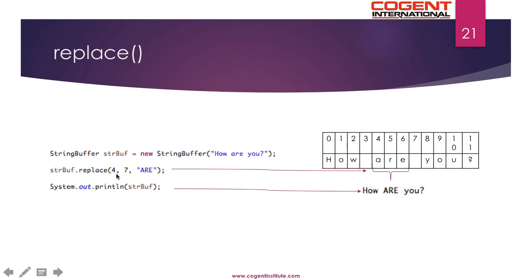So the substring starting at index 4 till endIndex minus 1, which is 6, so "are" is replaced with "ARE" in all caps. So the output of the StringBuffer object is "how ARE you?", where ARE is all in capital case.